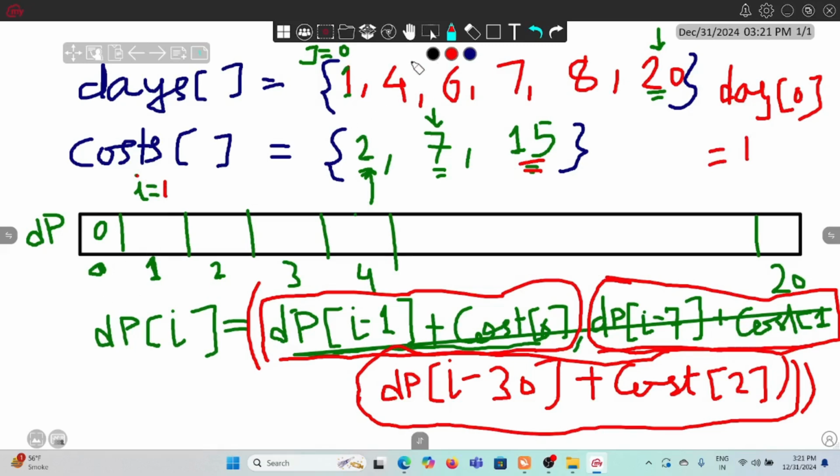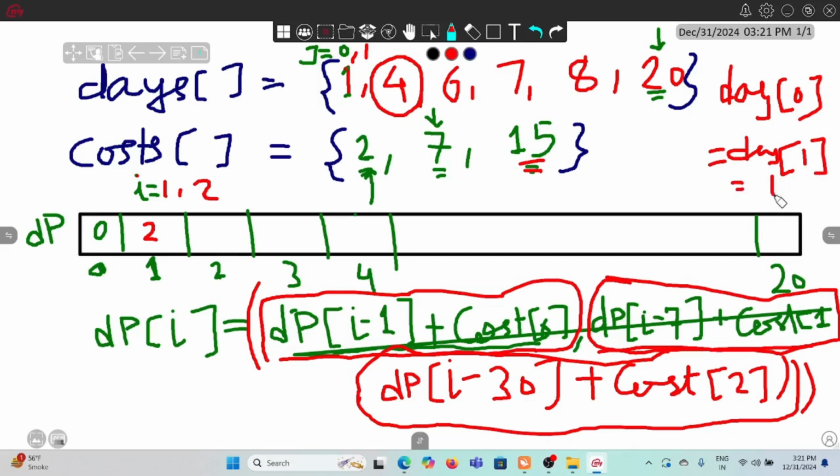But in the case, let's say this is 4, at here we would have put the minimum value. So 2 is the minimum, so we would have put 2 here, and then our I would become 2, and our j would now become 1. So at day of 1 it is 4.